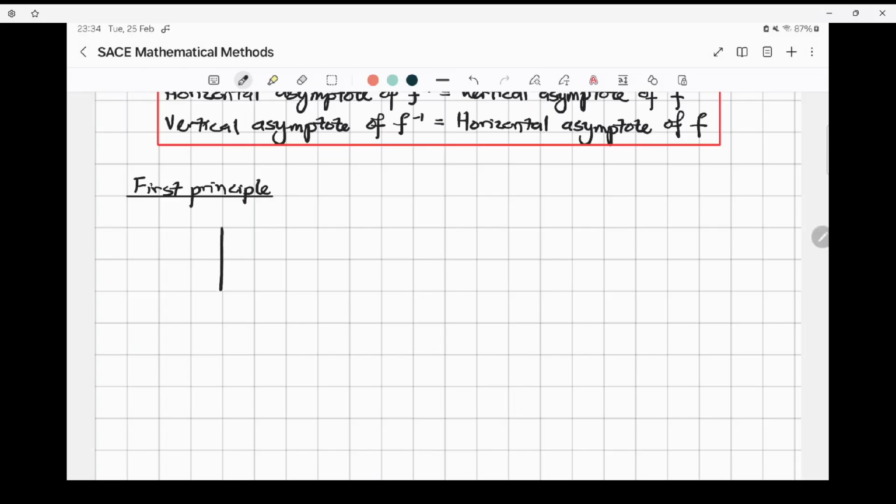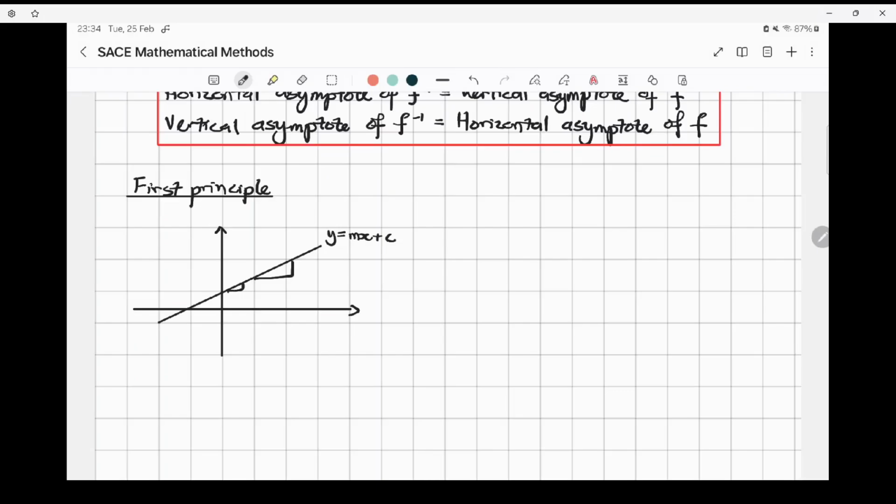It is to generalize the idea of gradient. So if you still remember what you have learned before coming to these mathematical methods, if let's say you have a straight line y equals mx plus c, it doesn't really matter if you measure the gradient at this region or a smaller gradient at the bottom here.